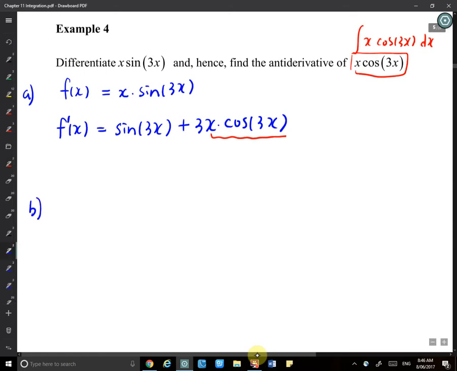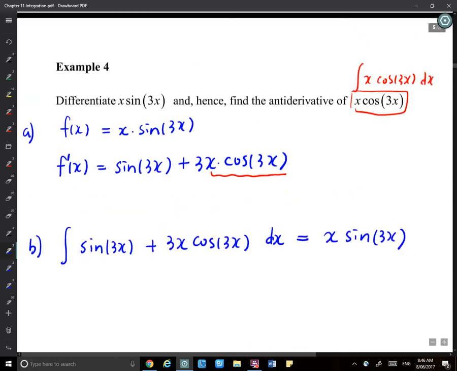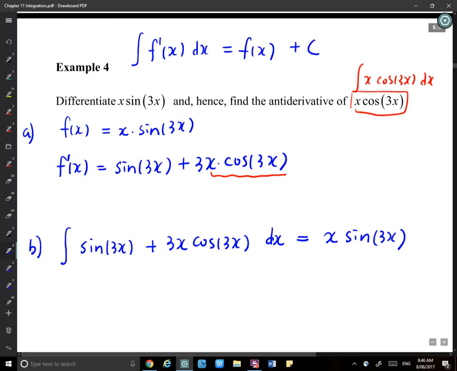So for B, you will start with the integral of the whole f dash x. You will have f(x). So the rule basically used here is the integral of f dash x will give you f(x). Plus c or not plus c, it's okay. You just need to remember to plus the c in the very end.